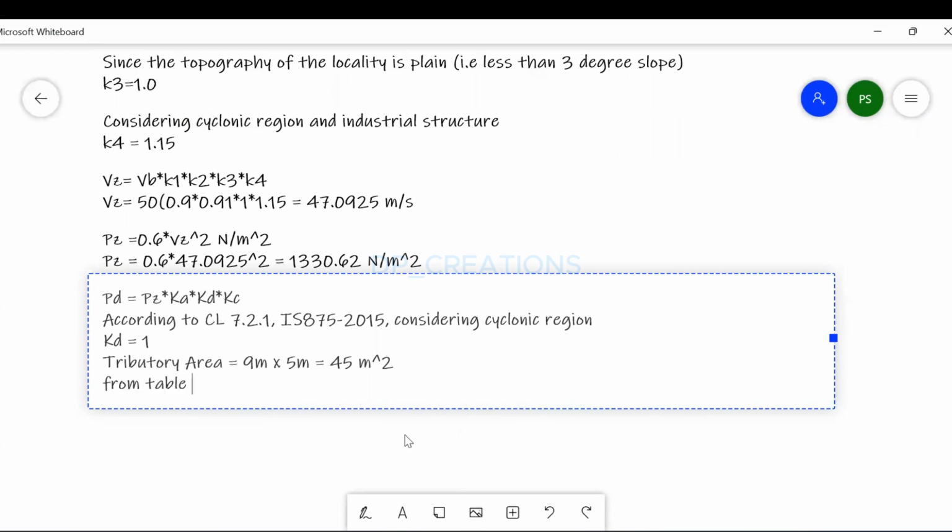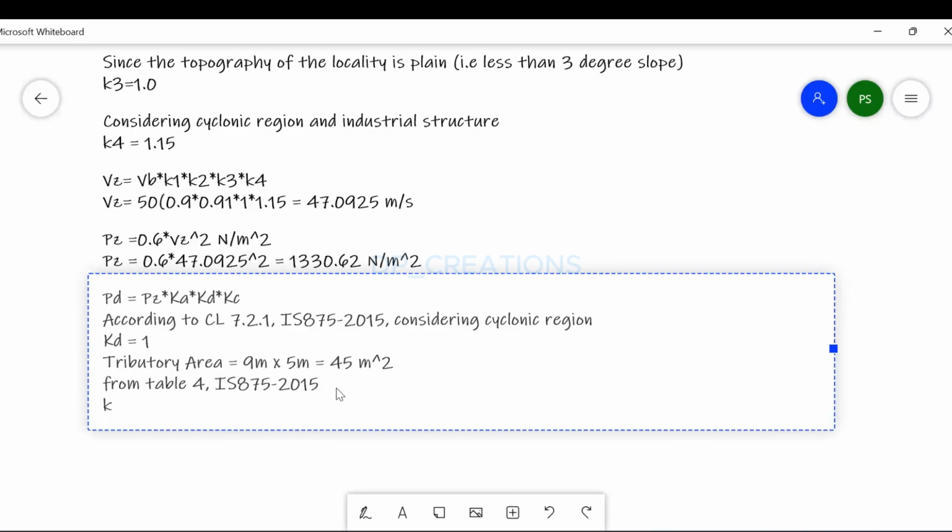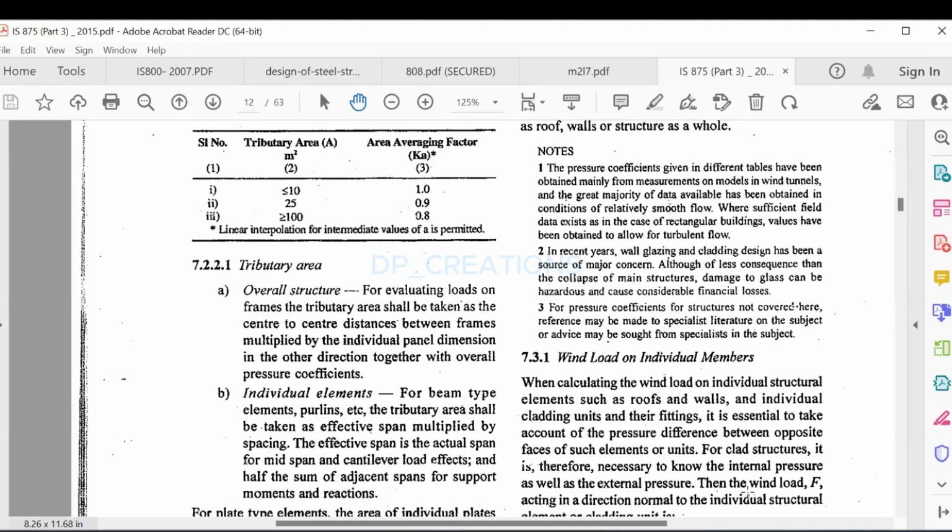From table number 4, Ka corresponding to 45 meter square equals 0.9 minus, how to calculate? 0.9 minus 0.8 into, how will it be? For 25 it is 0.9, for 100 it is 0.8.